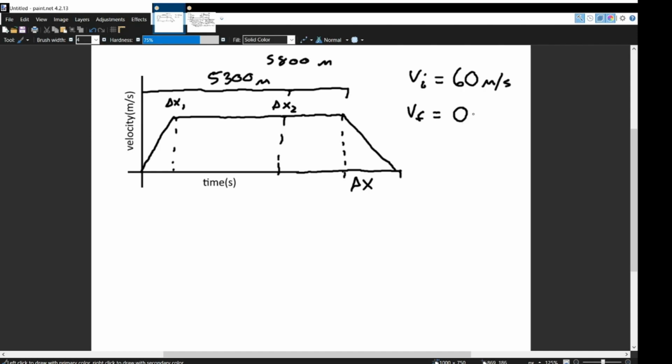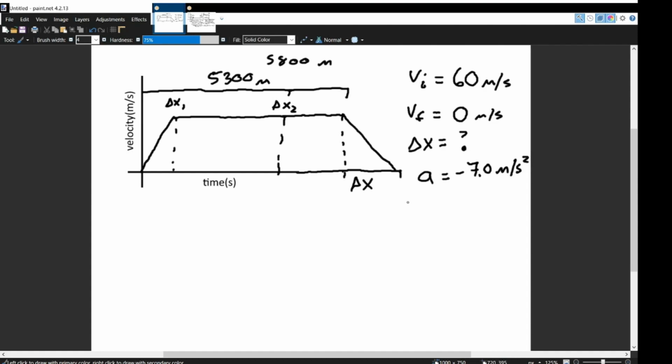Well, that's 0 meters per second. Then our change in X is what we're trying to find: what is the distance that it travels from 60 meters per second down to 0 meters per second? And then we know the acceleration, or deceleration, is -7.0 meters per second squared.